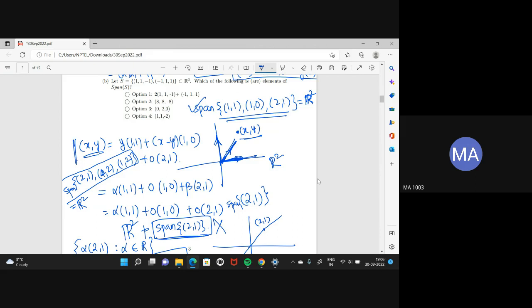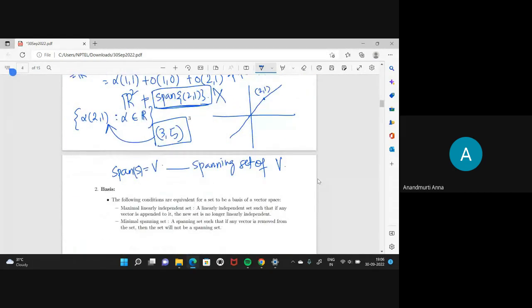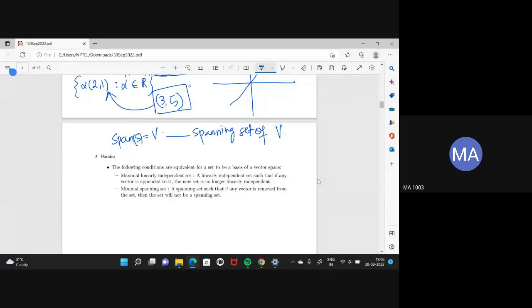And mathematically, you pick any element in R2 and you should be able to express it as a linear combination of those vectors. So is it clear what a spanning set is, what span of a set is? Yes, ma'am. Ma'am, can you reiterate these two lines once again? So the summary is this.